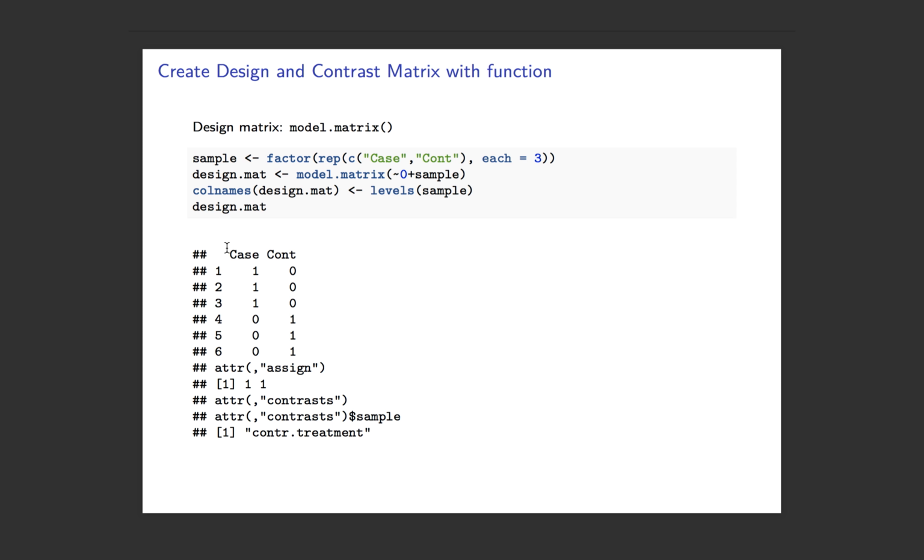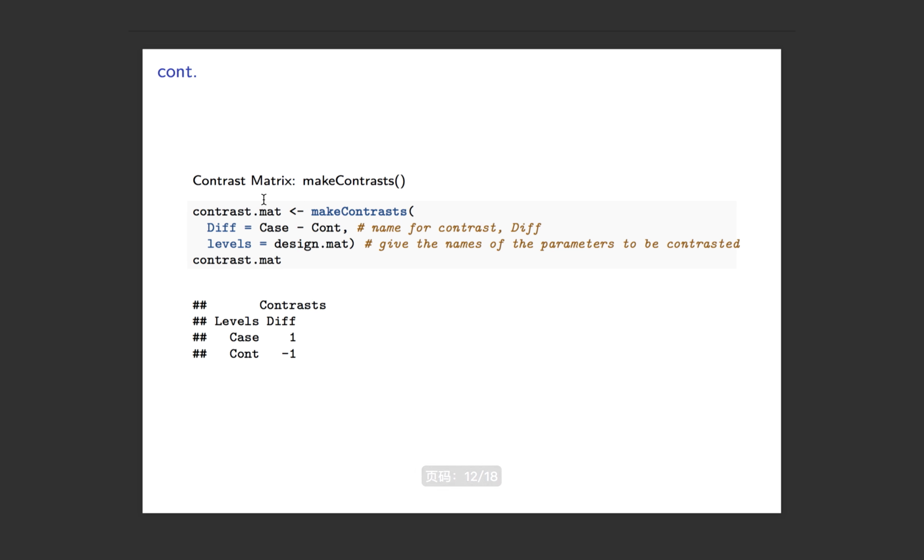The only thing different is that one is a matrix and this one is an object, and then we can use it to construct our contrast matrix. We use makeContrasts to construct our contrast matrix.